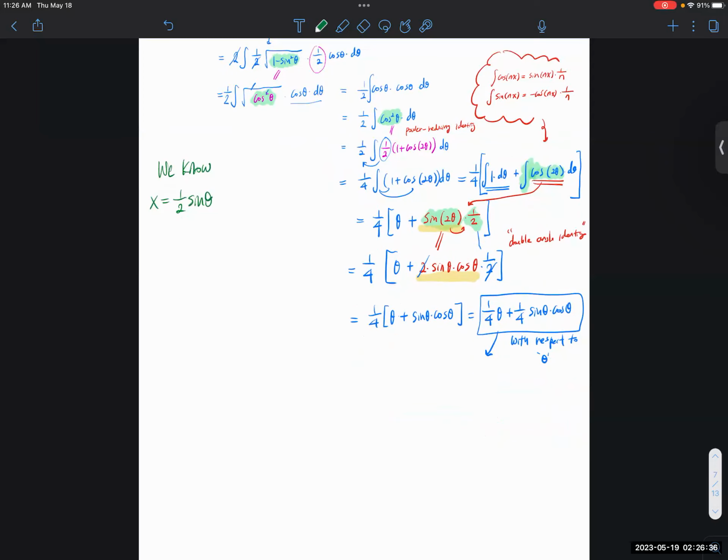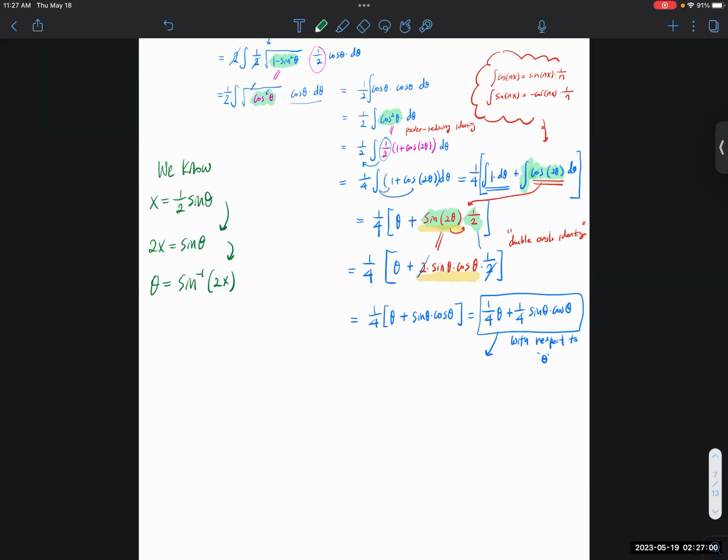If you multiply 2 on both sides, it is going to be 2x equals sine theta. Am I correct? So therefore, you can solve for theta: theta is sine inverse 2x. So we know what the sine theta is, and we know theta is sine inverse 2x.